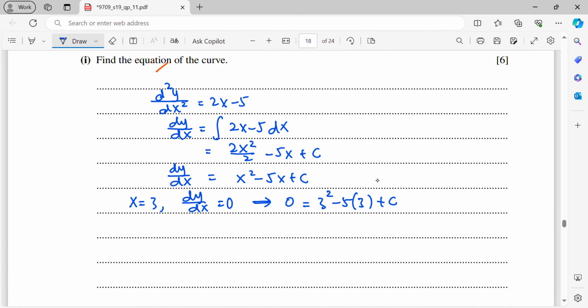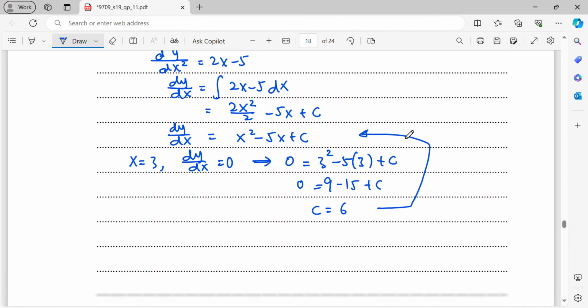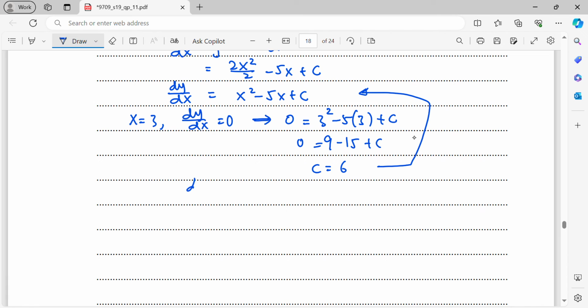From here, I will get 9 minus 15 plus c equals 0. Hence, 9 minus 15 is basically minus 6, so moving the minus 6 to the other side, c becomes 6. So now I found my c and substitute it back into dy dx, because we need to find y. Now my dy dx is actually x squared minus 5x plus 6.